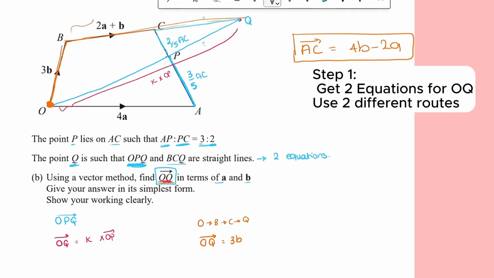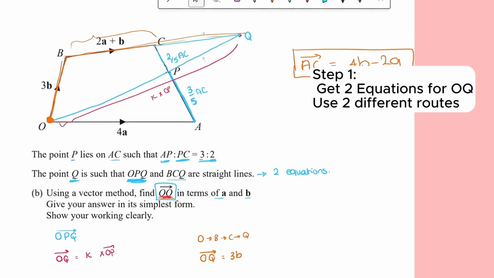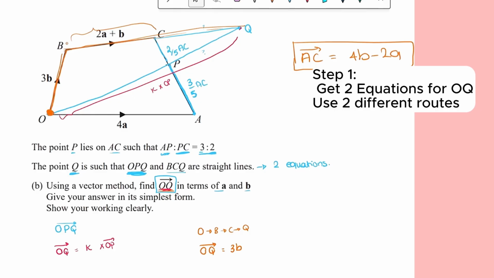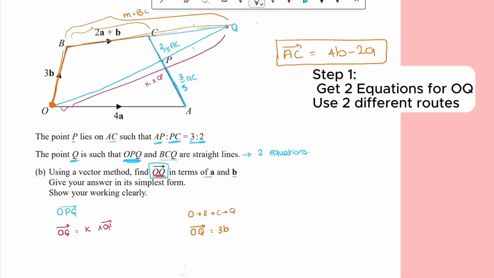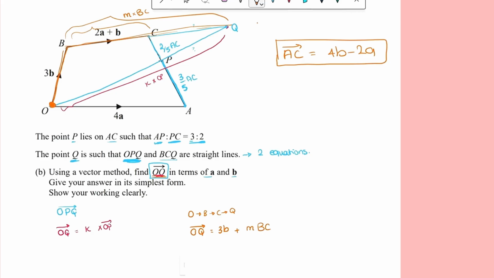Now, if I know BC, I know that BQ is a multiple of BC. So B to Q over here is something times BC, and let's call that M because we don't know what it is. So 3B plus M BC. Now I've got my equations.